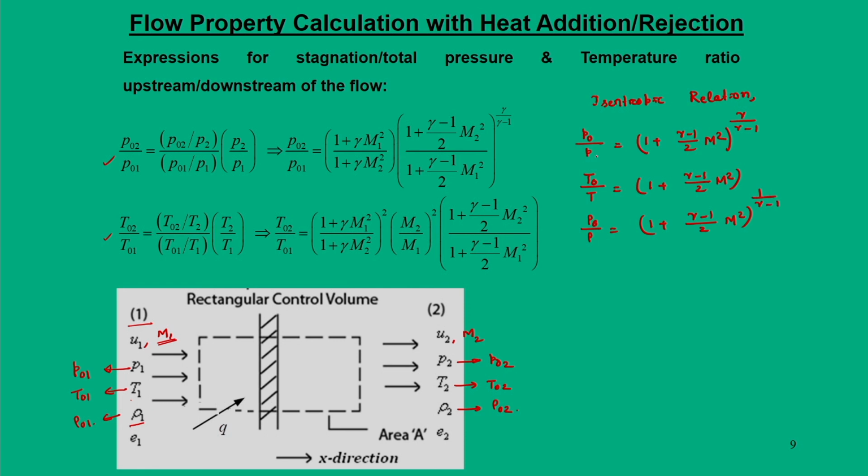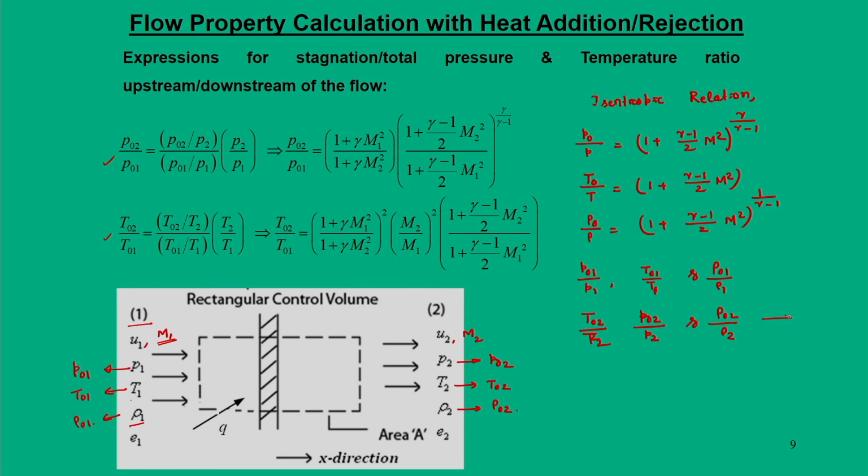So, these properties we can now define as P naught 1 by P1, T naught 1 by T1 and rho naught 1 by rho 1. Similarly, we can write T naught 2 by T2, P naught 2 by P2 and rho naught 2 by rho 2.